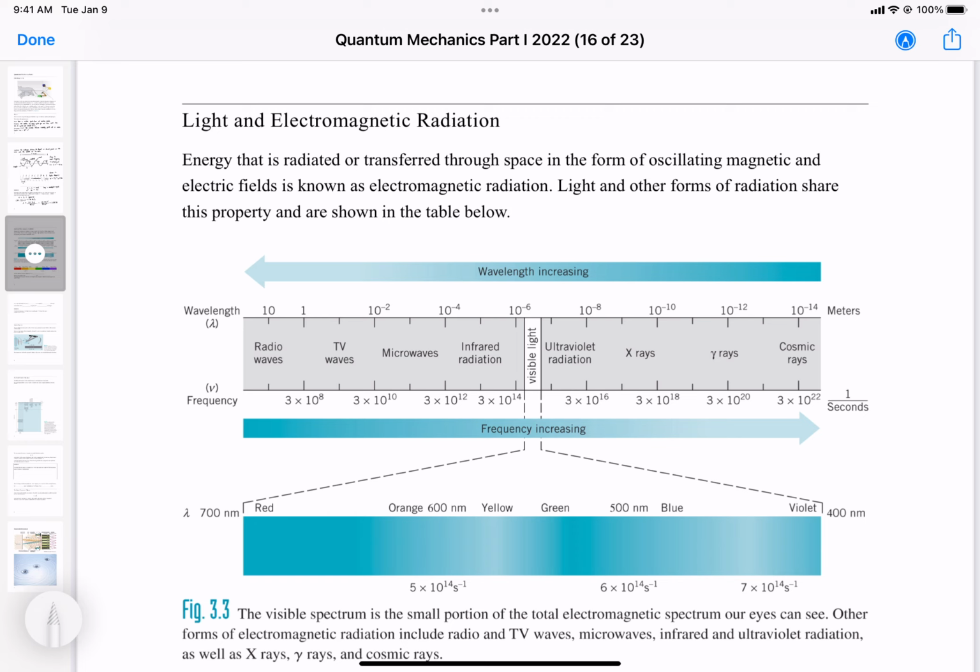So that's why it's important that we do not expose ourselves. Okay, gamma rays and cosmic rays are pretty much energy waves that come from space. Gamma rays are emitted from the nucleus in certain nuclear reactions, so they are of high energy.